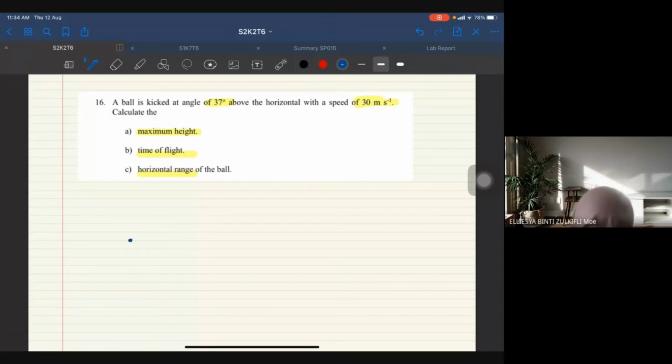Okay, this is the object. Okay, saya just lukis dot je. And then the ball is kicked at angle 37 degrees to the horizontal. So this is the horizontal line. So dia kata they kick 37 degrees above that.